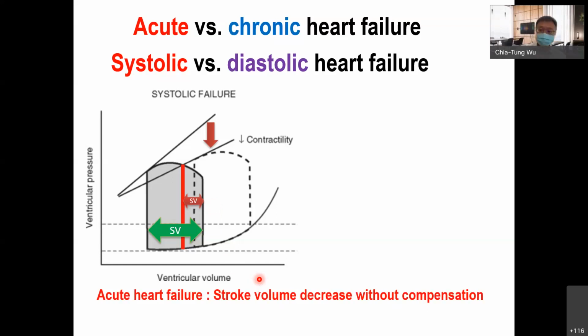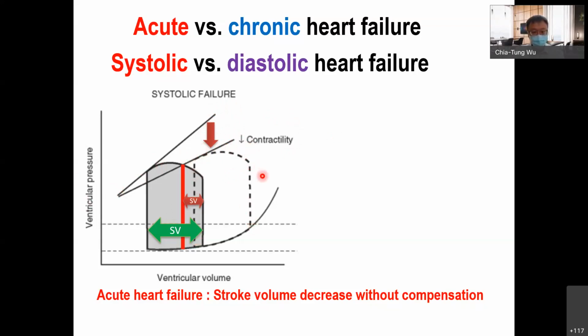But some people have a relatively chronic heart failure. If you have mitral valve regurgitation or myocarditis, the heart failure happens step by step, and your heart will not surrender. Don't worry. Your left ventricle will dilate, will expand to compensate for the decrease of contractility. So although the ESPVR is decreased, you can see the dotted line here.